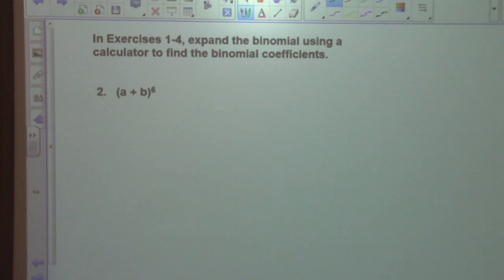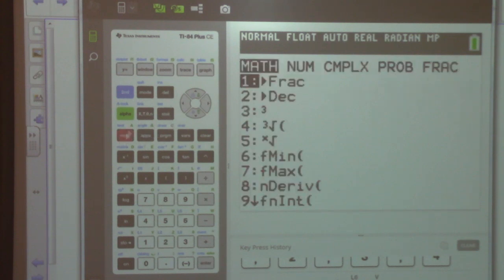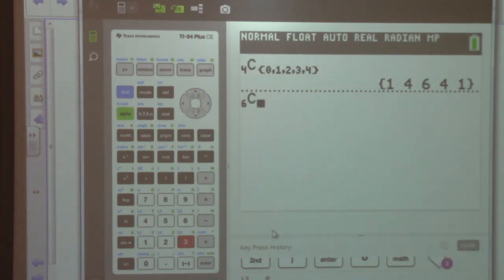Okay, well, I'm going to put it in my calculator too. I'm going to put 6, go to nCr, Math, over to Probability, and go to 3, nCr.